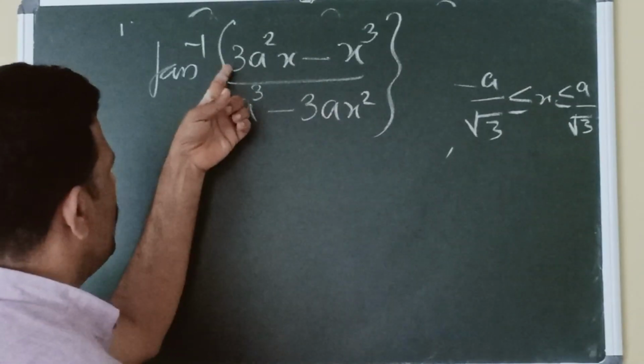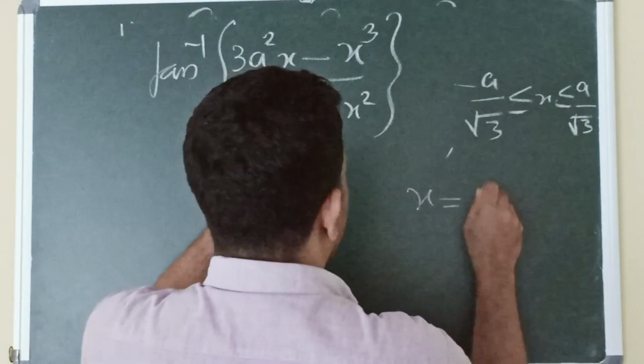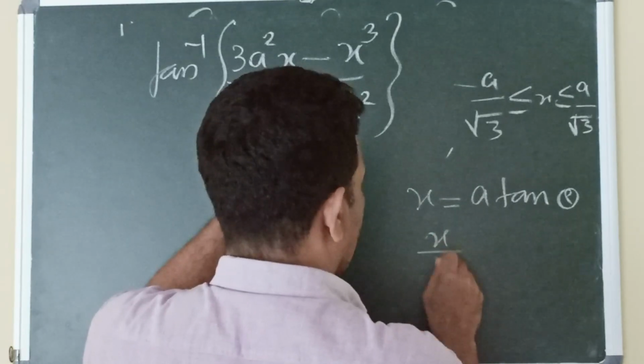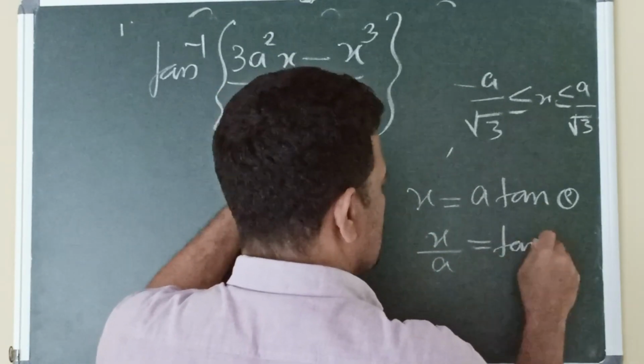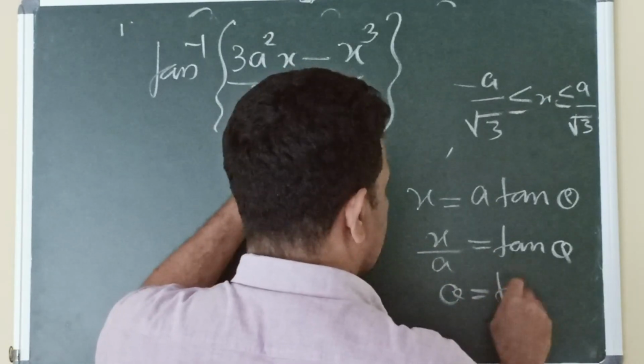We have to put x equal to a into tan theta. Therefore x by a equal to tan theta. That means theta is equal to tan inverse x by a.